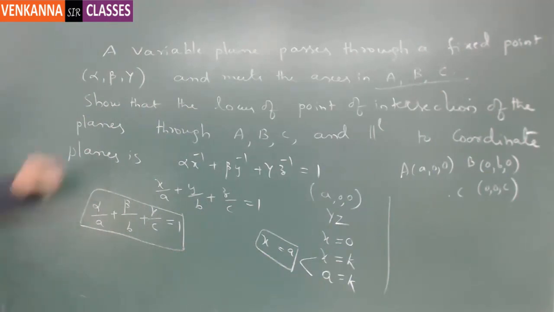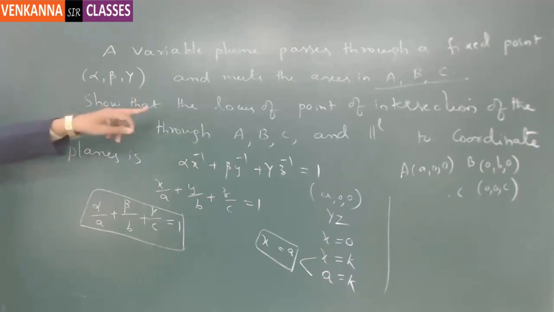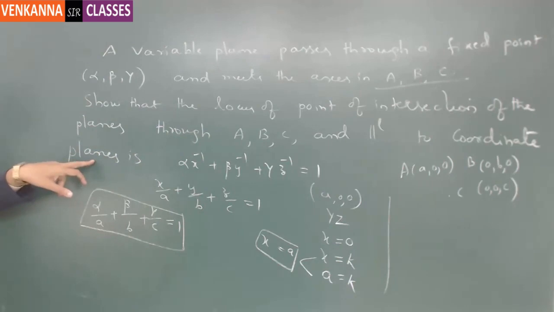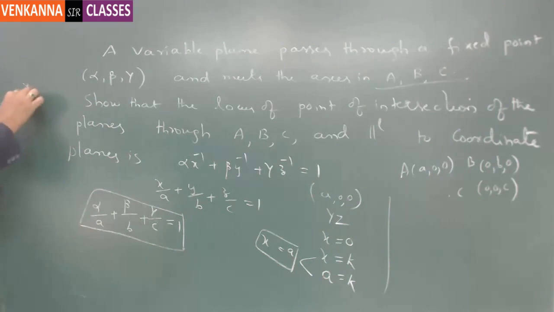That is nothing but the second part of the problem. Understand that planes through A, B, C and parallel to coordinate planes. Did you observe it? So, in the previous problem, you have proved x = a, y = b, and z = c. The same thing, the exact thing, you will copy it. So, you will get that x = a, y = b, and z = c.